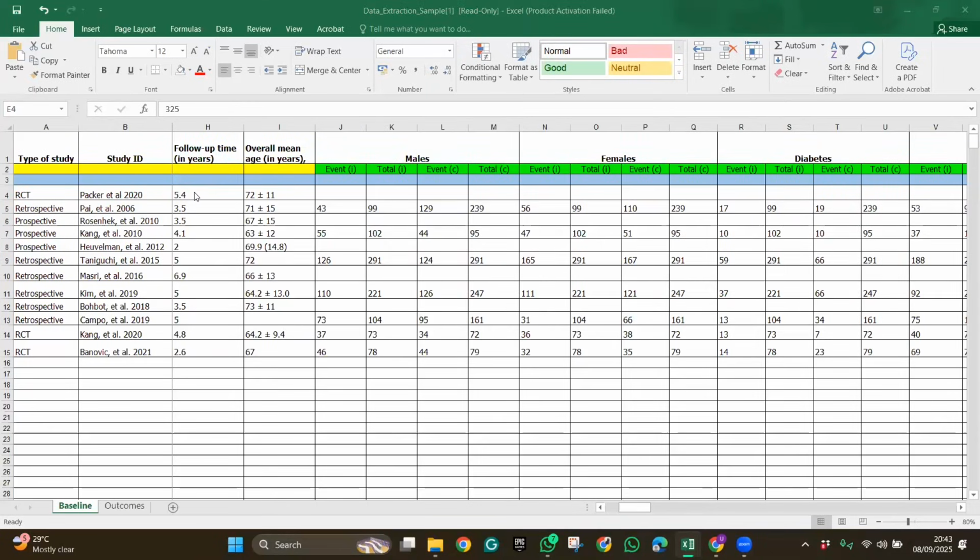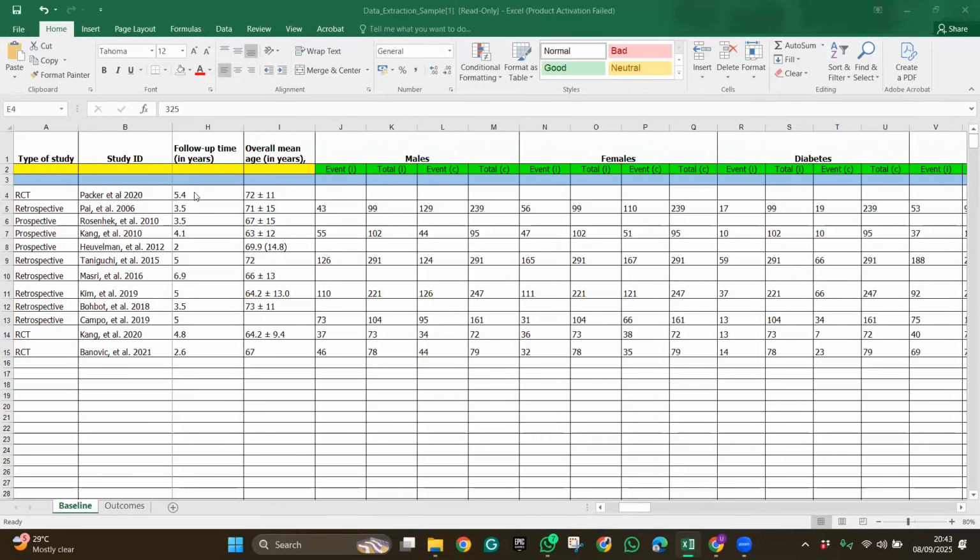So follow-up time is basically the time starting from when the patients were recruited, right? So it is basically starting from the patient recruitment till the end of the study. This is the follow-up time, right? And I told you guys that majority of the times, all the data which you are supposed to include in your extraction is reported in the results section, right?